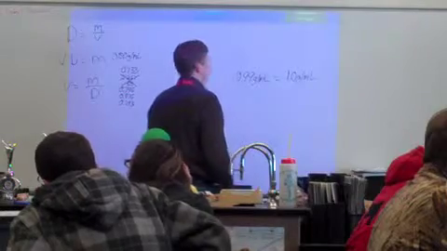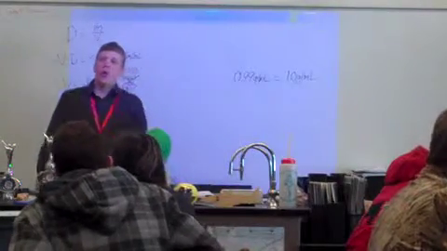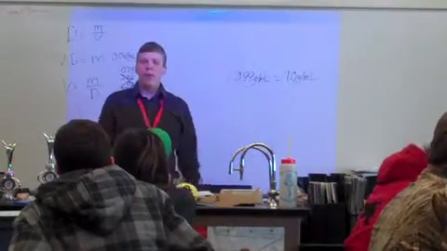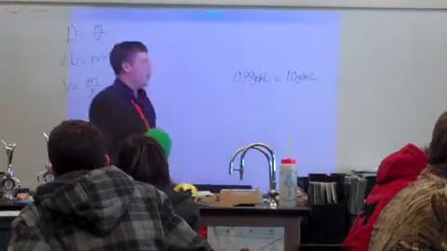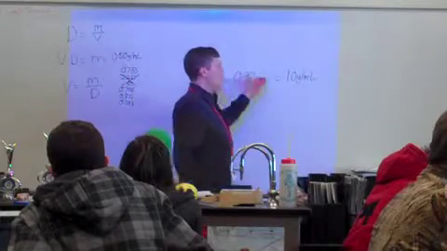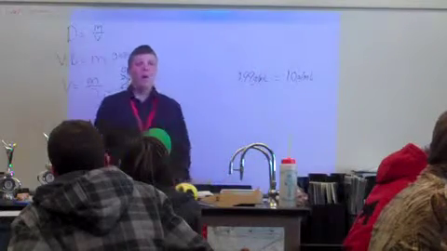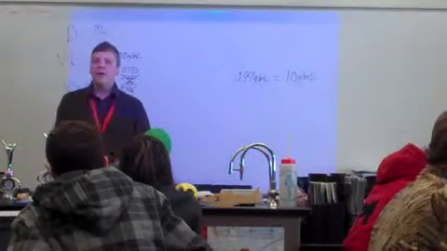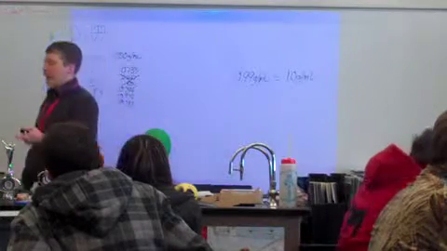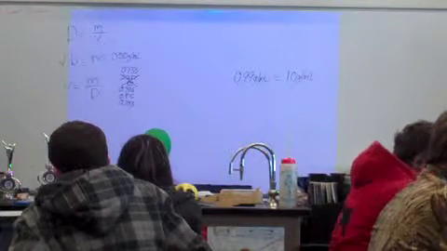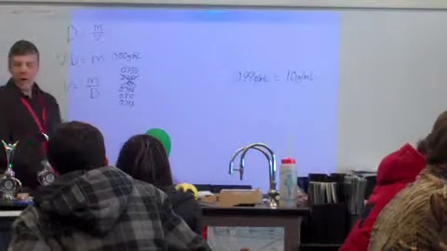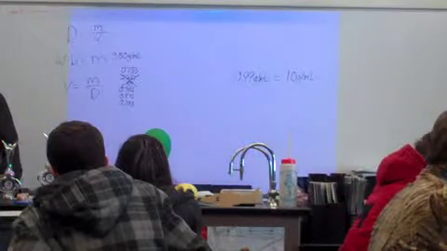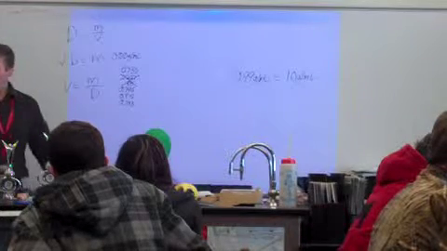You took a volume of water, obviously you measured what the volume was, and then you massed it. And then when you did mass divided by volume, it comes out to an average of about 1 gram per milliliter. It tells us that 1 gram of water has a volume of 1 milliliter.